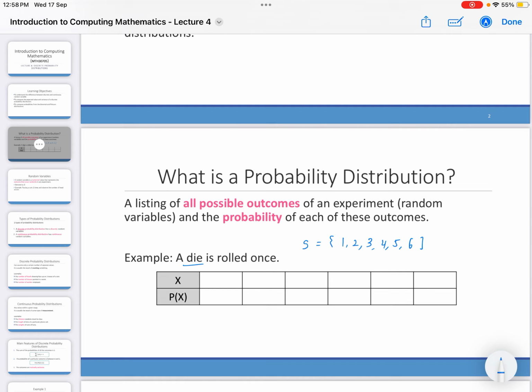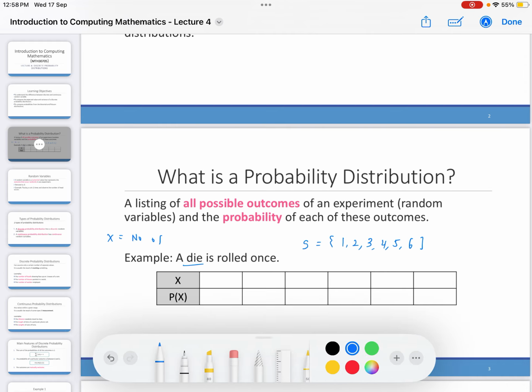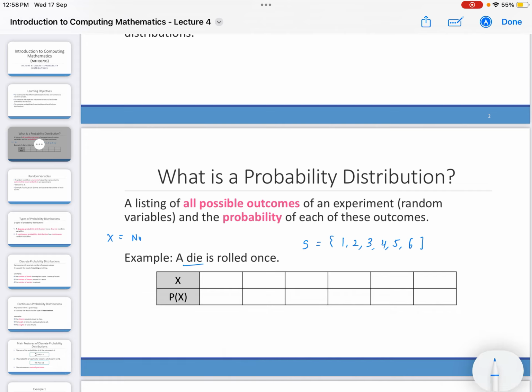Okay, and then we can write x. Let's say x, our random variable, is the number that shows when the die is rolled.